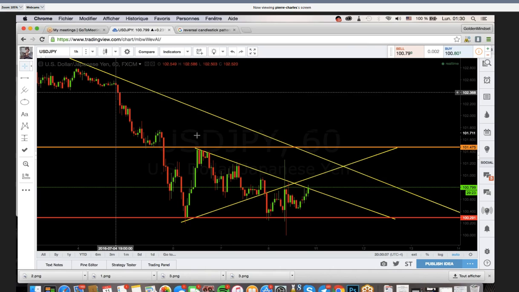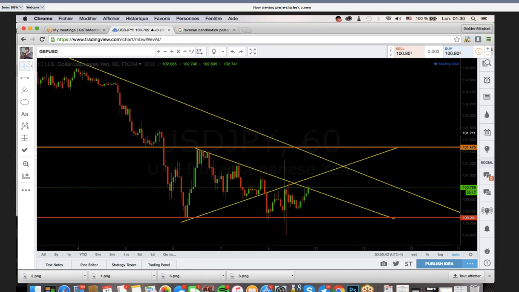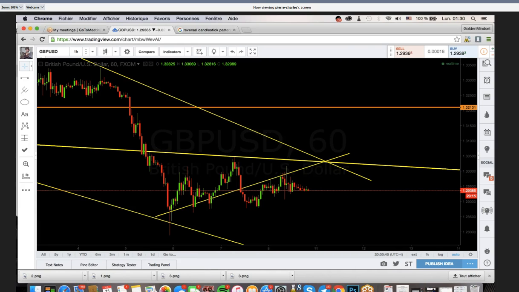GBP USD keeps dropping, so I'm expecting a huge drop. Normally 90% of the time GBP USD and GBP JPY follow the same path.